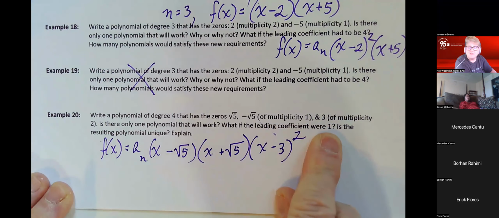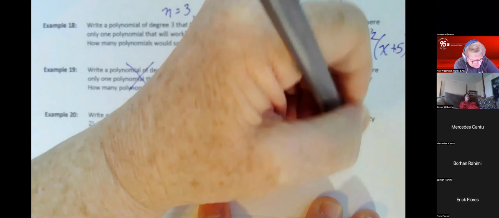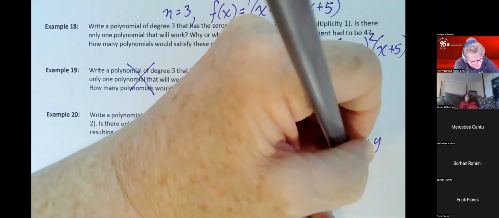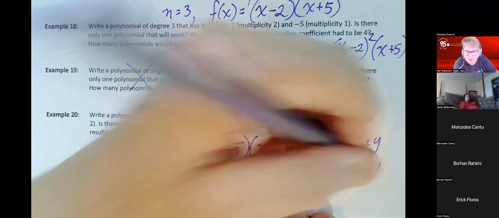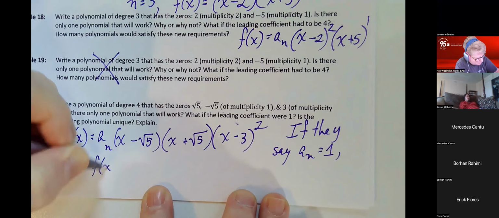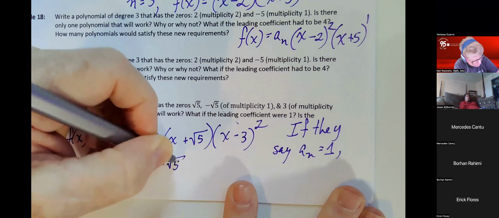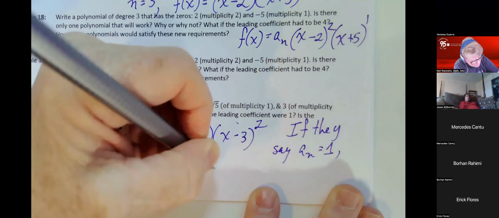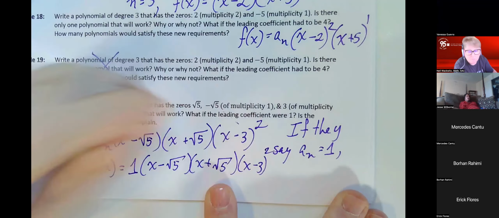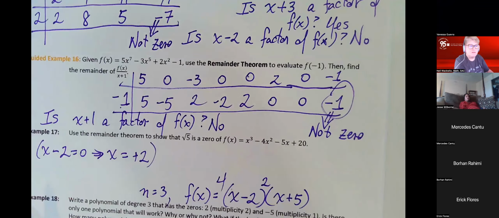But if they tell us the leading coefficient has to be 1, if they say a sub n has to be 1, then there's only one possible f of x. Does that make sense?